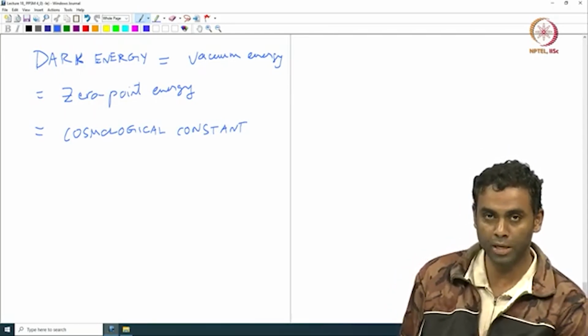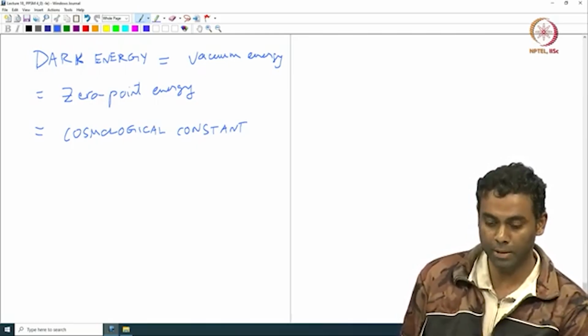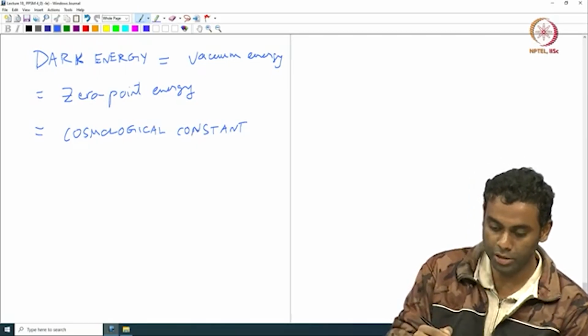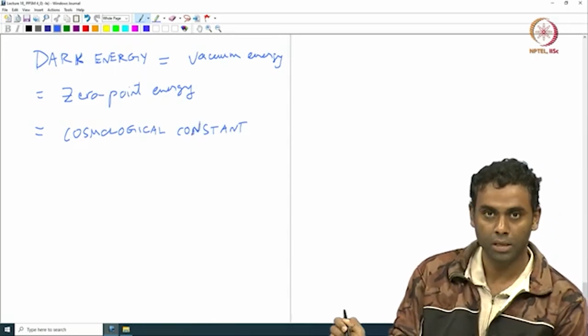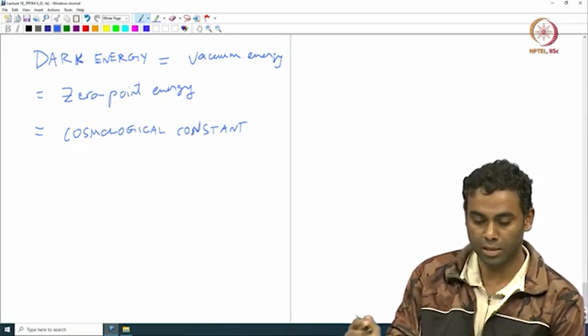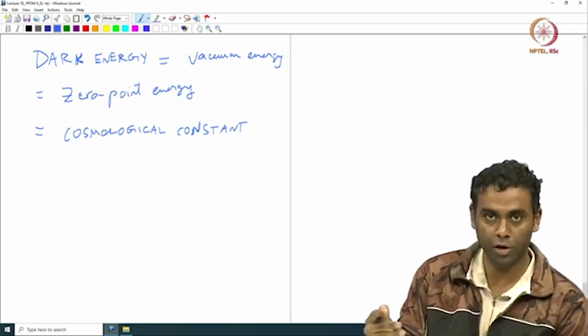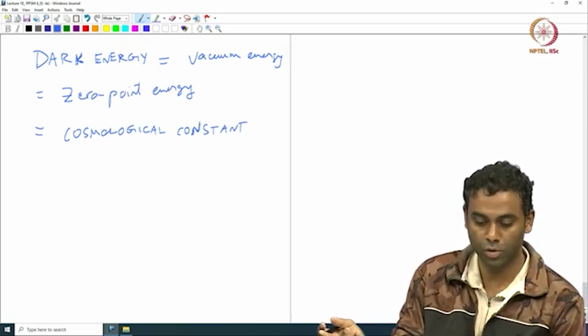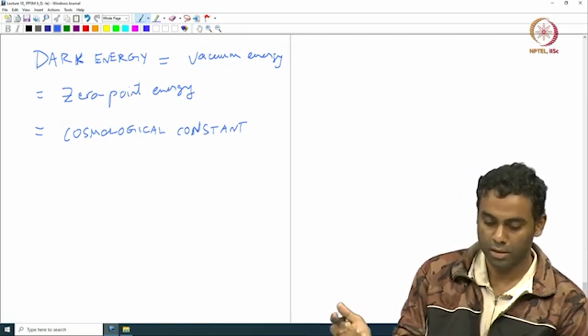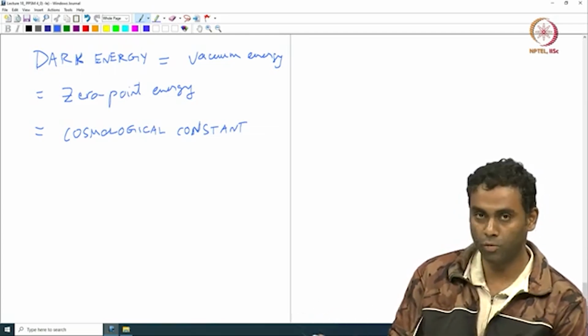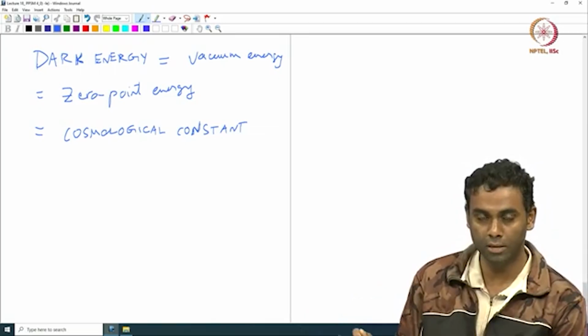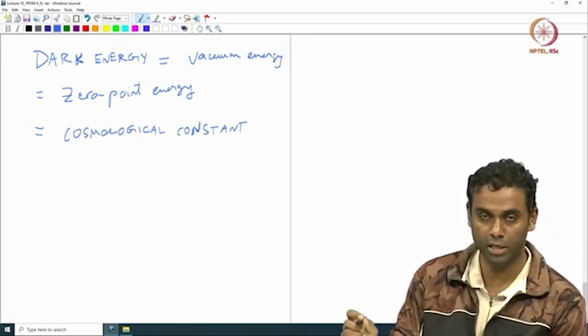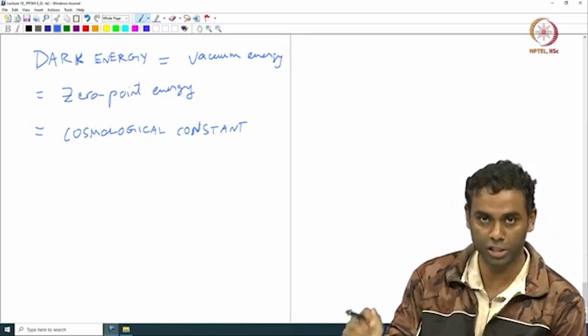This is a word introduced by Albert Einstein, that in his equations he couldn't help writing down a constant that satisfied all the symmetries in the problem. So it was compulsory for him to write it down, correct? And that's what we've also done here. Now we've done it from the point of view of field theory, he did it from the point of view of GR, and these two have a very important relationship that we'll see soon.